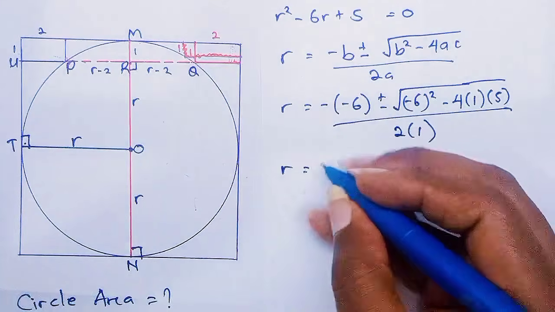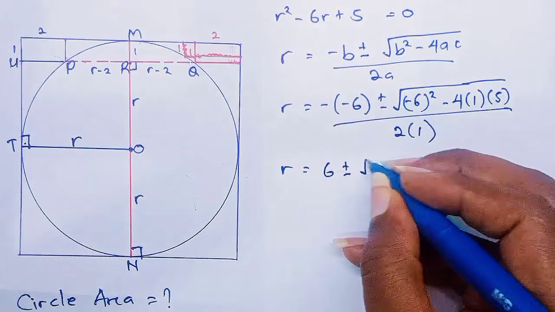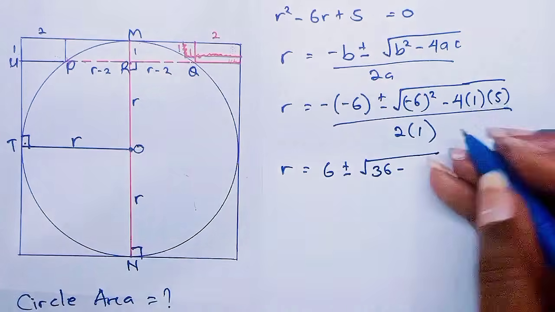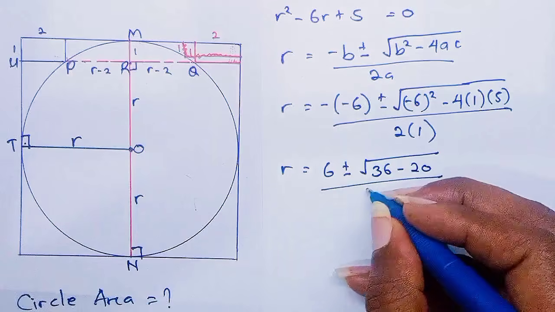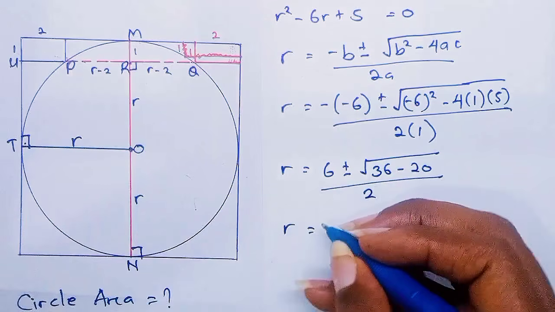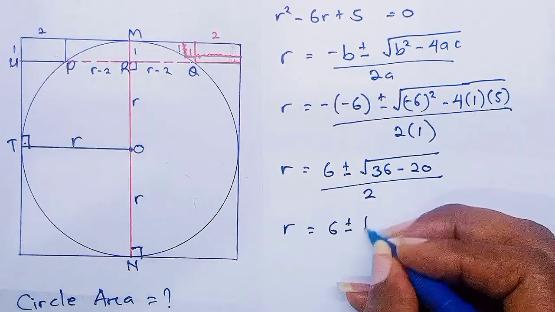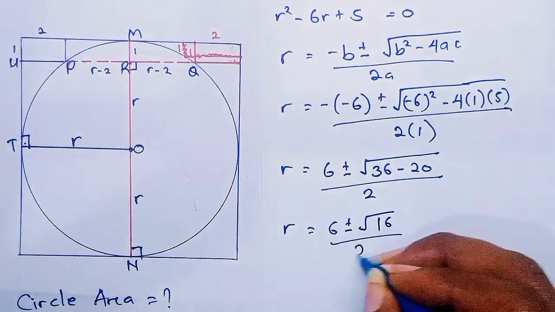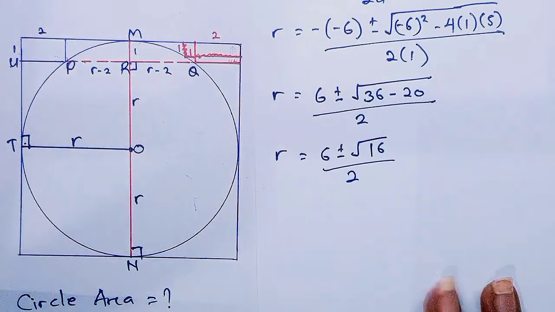So R is equal to 6 plus or minus the square root of 36 minus 20, which is 16, over 2.